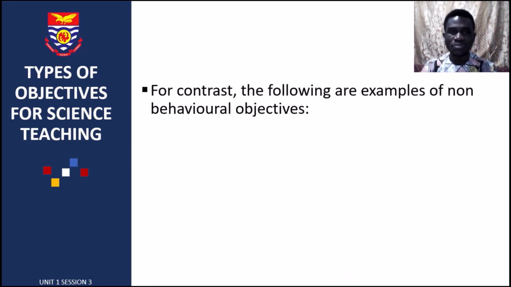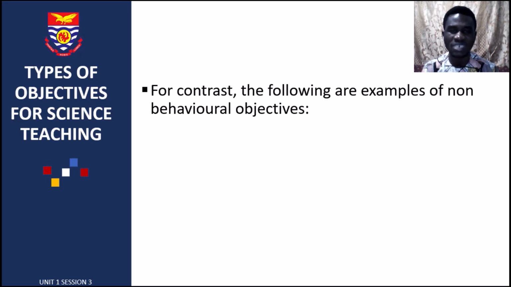So, for non-behavioral objectives, let us look at this example. The student should be able to learn the parts of a hygrometer, understand the concept of movement, know how to use the electronic microscope.